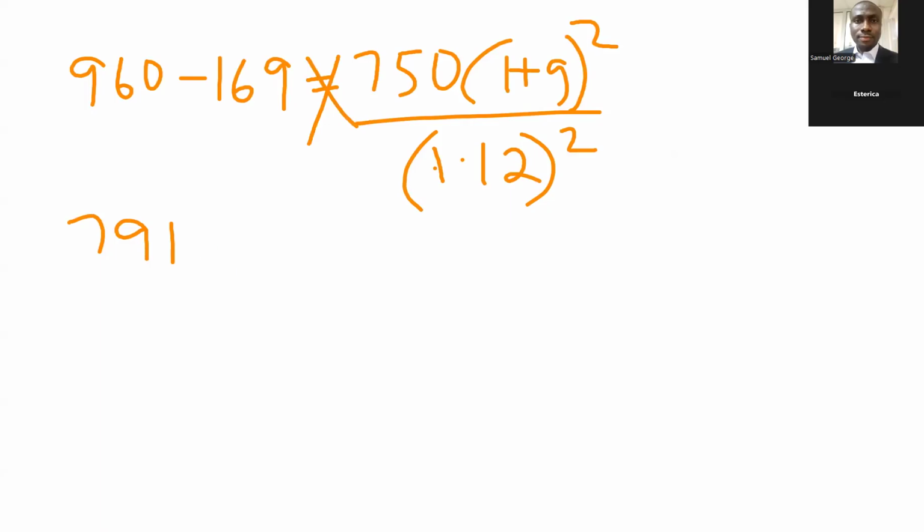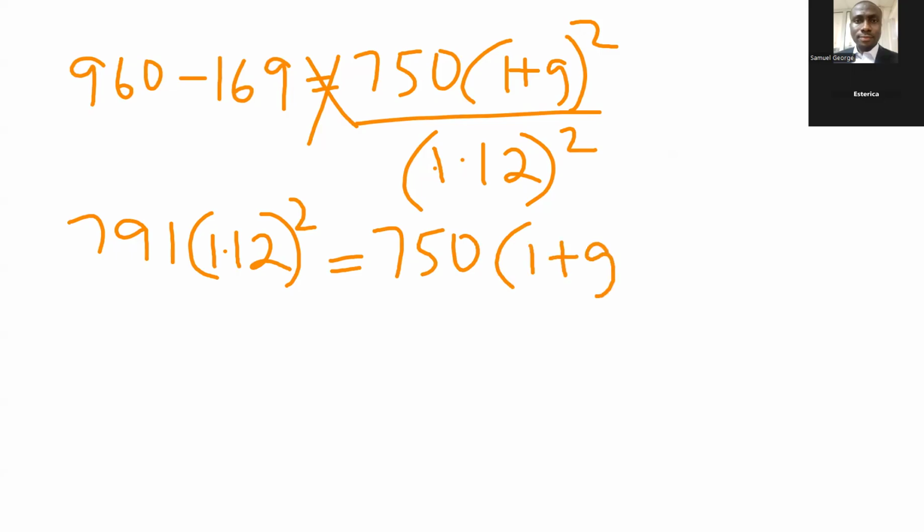If I cross multiply, it's going to be 791 times 1.12 raised to power 2 equal to 750 times 1 plus G raised to power 2. So what can I do here? 1.12 raised to power 2 times 791, I got 992 approximately.